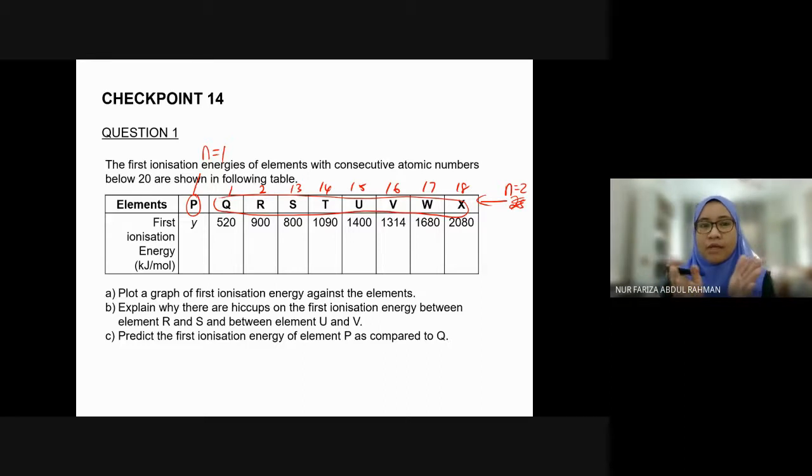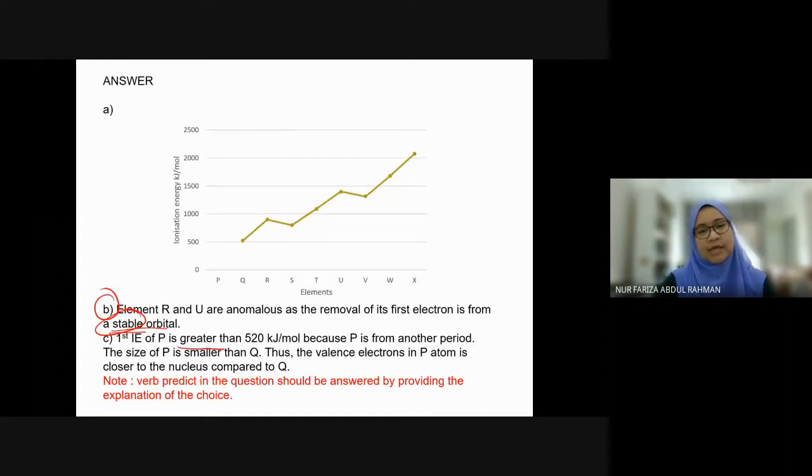Bila the closer the valence dengan the nucleus, the stronger the attraction. Bila stronger the attraction, more energy is needed to remove the valence electron. Okay? Right. Faham ya? Okay, so that is why the answer should be greater than Q lah.